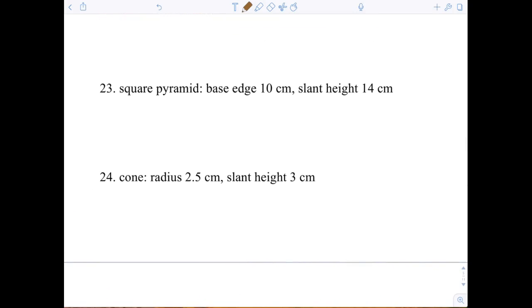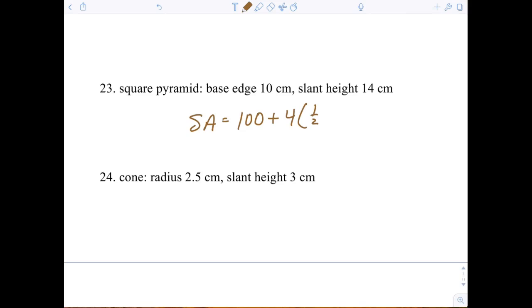Okay, let's look at 23 again. If you forgot what a square pyramid is, copy it, bring it back down so you can look at it. But what would be the area of the base of the square pyramid? 100 plus, how many triangles? 4.